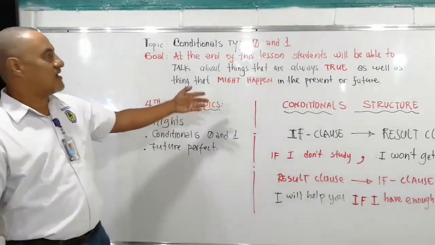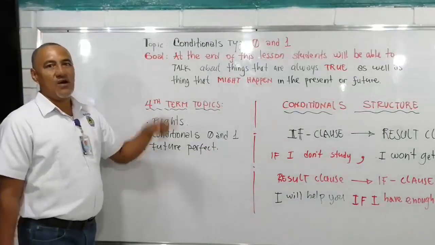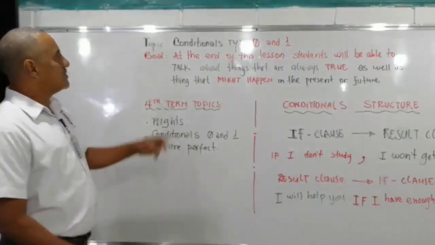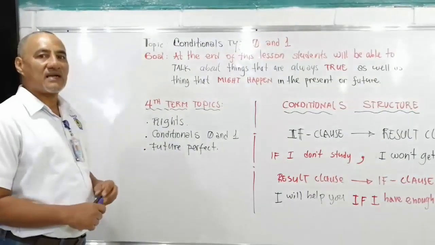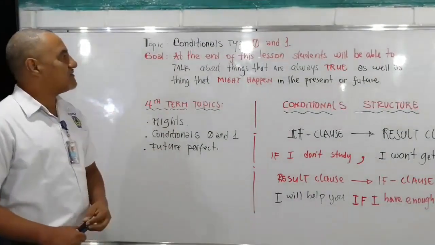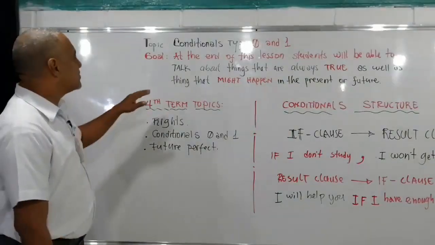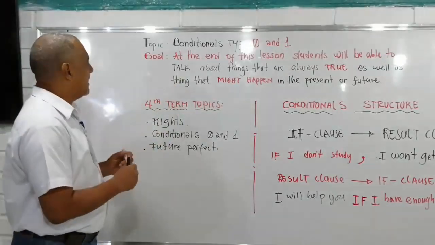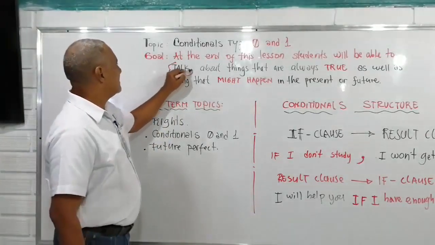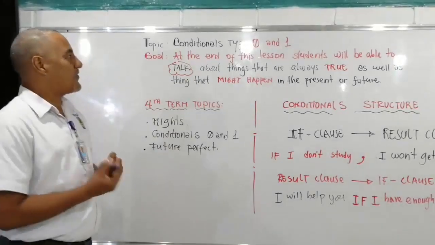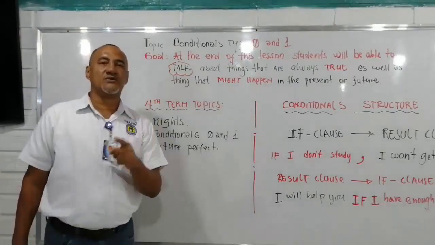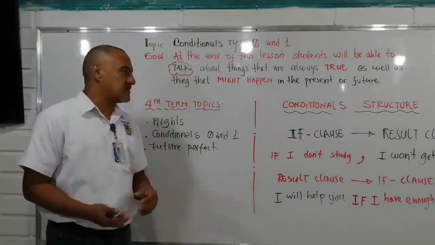Okay, then let's start. Look at the goal that I have set up for this lesson, which is related to the conditional 0 and 1. At the end of this lesson, you will be able to talk about things that are always true, cosas que siempre son ciertas.